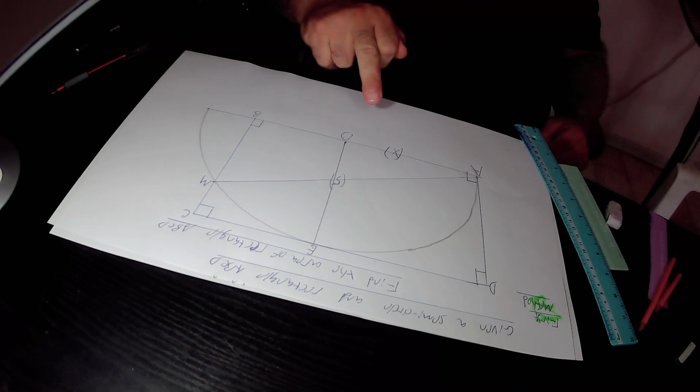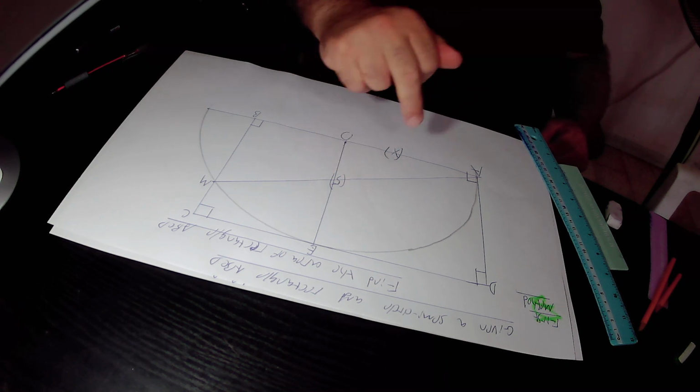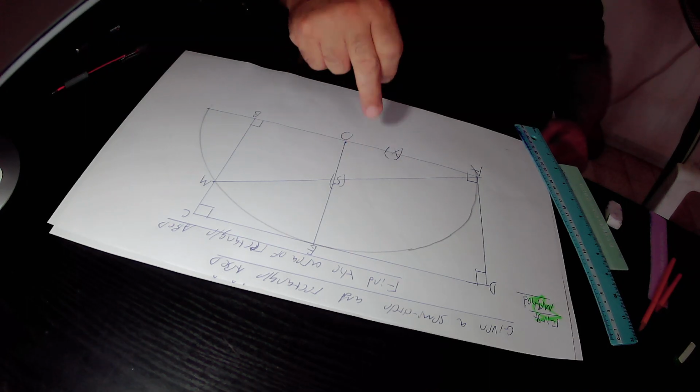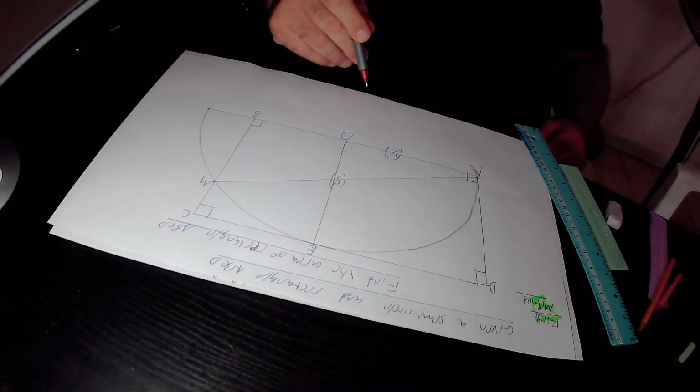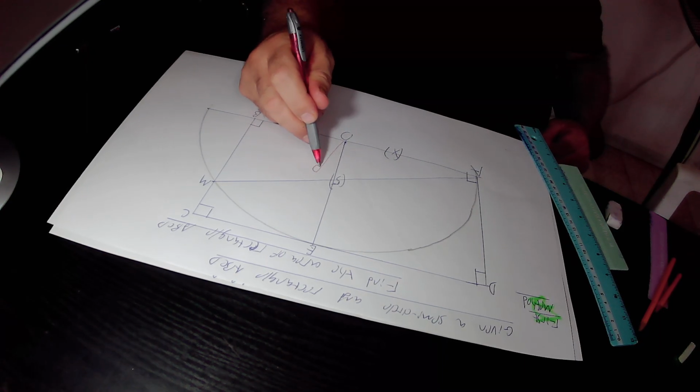Point O is the center of this semicircle, point E is a point on the semicircle itself, therefore OE is the radius of this semicircle. It is equal to x according to our definition.